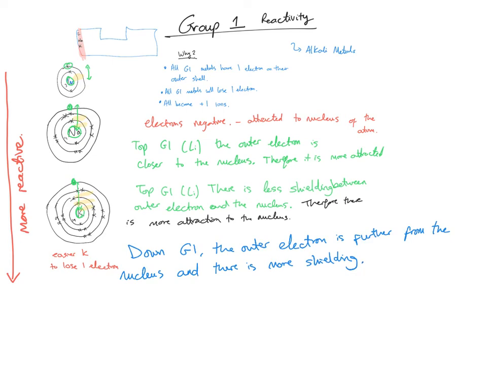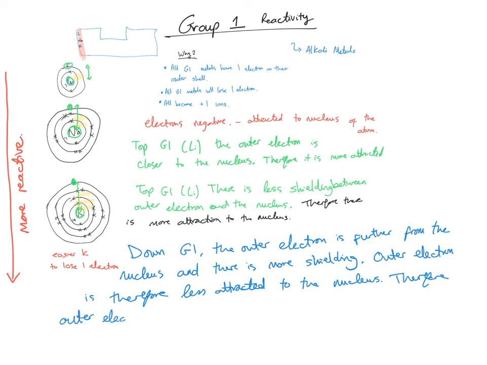These 2 points mean that the outer electron is therefore less attracted to the nucleus. Therefore, the outer electron is easier to lose. Finally, this all means that if the outer electron is easier to lose, down group 1, reactivity increases.